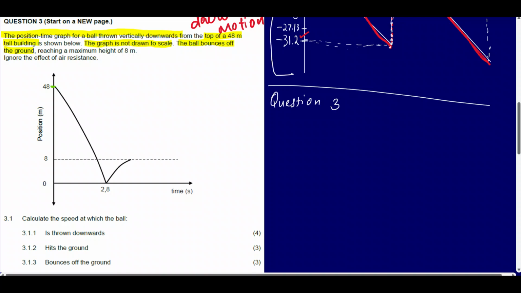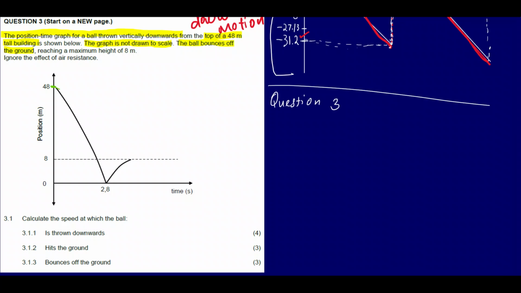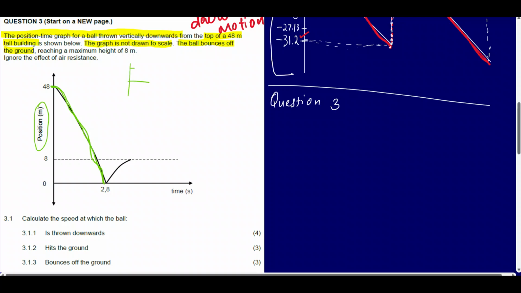If we read this and also consider what's drawn here, we will see that the statement explains what's happening to the graph. This is a position time graph, which is different from the velocity time graph because it is indicated by the trajectory.